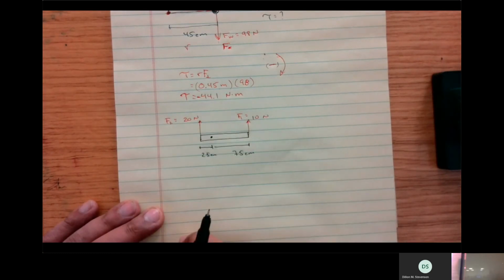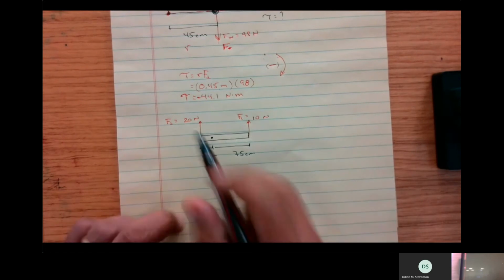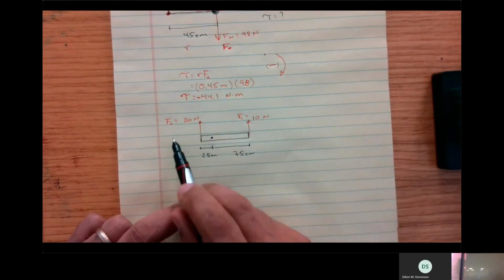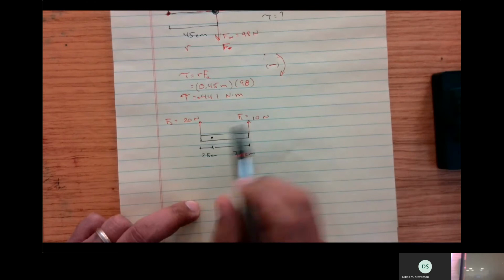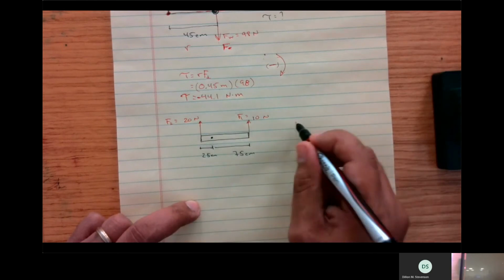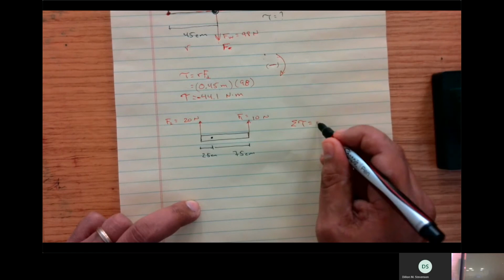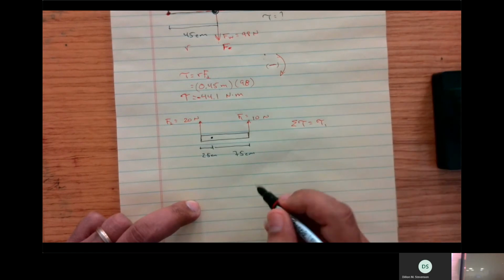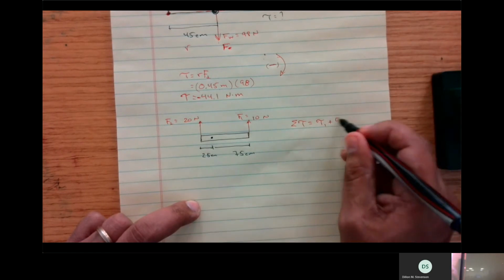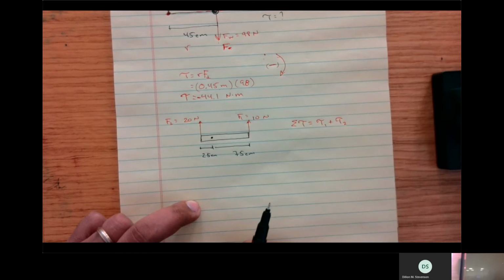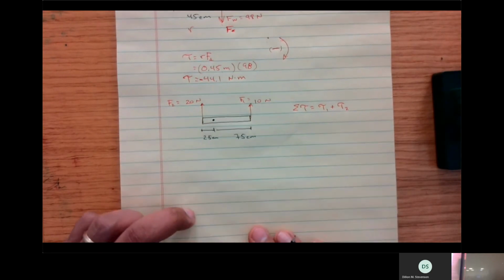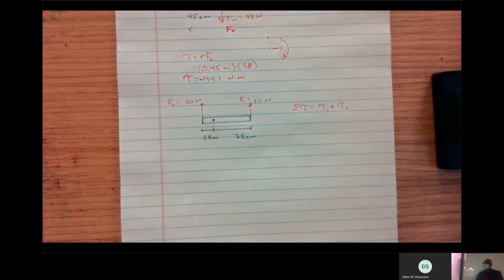Each one of these forces is going to create its own torque. So the net torque is going to be the sum of the torque created by force 1 plus the torque created by force 2. Okay? So give it a try and try to calculate what the net torque is.